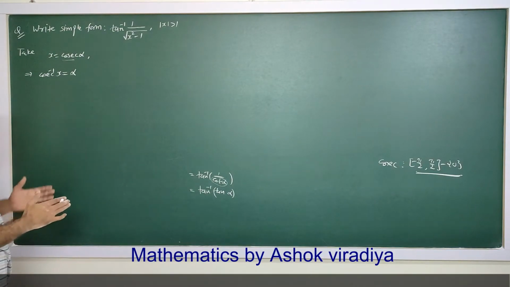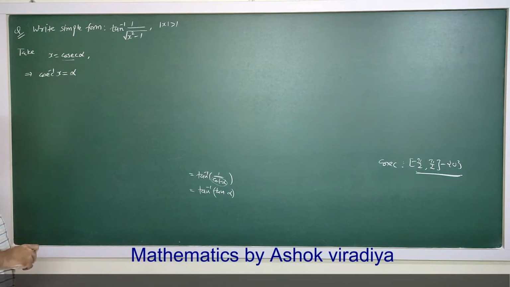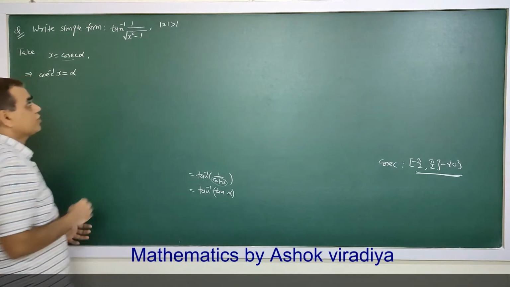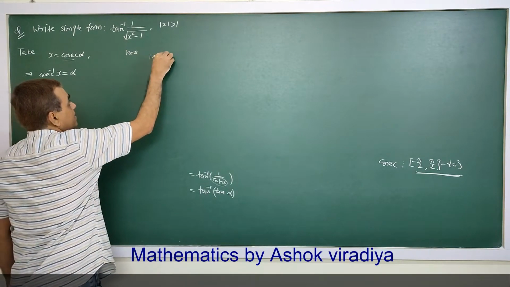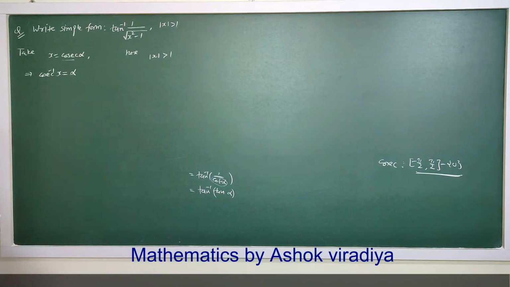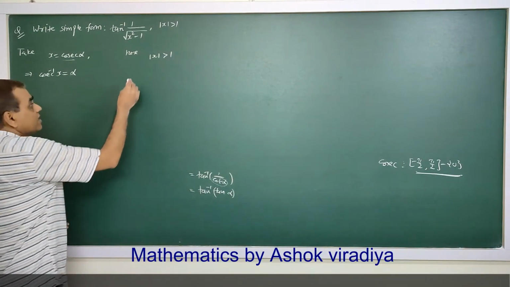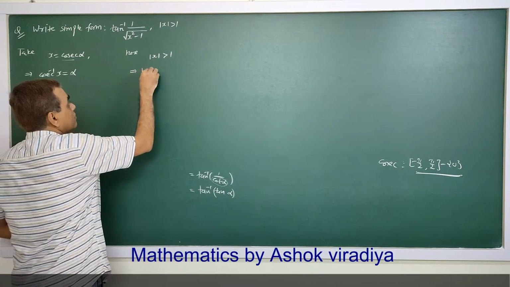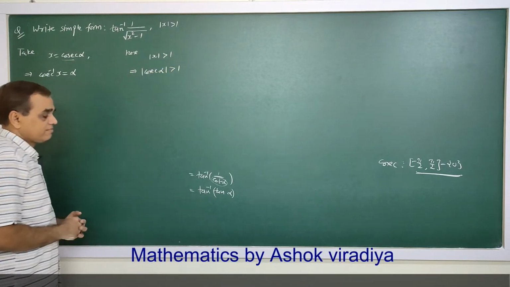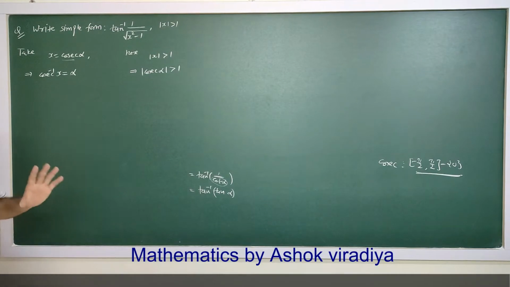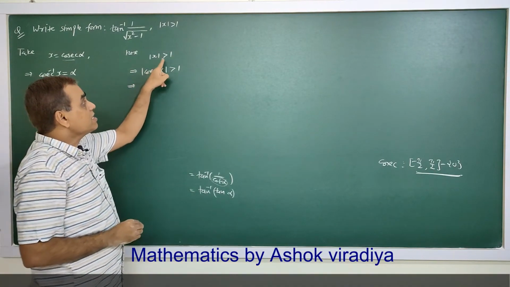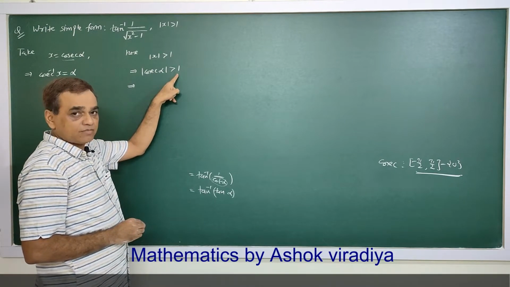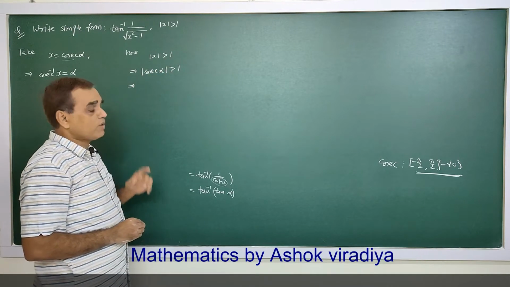So let us check where alpha lies. So we use this condition. Here modulus x is more than 1. Modulus x is more than 1, that means modulus of cosec alpha is more than 1. Equal to 1 is not given.